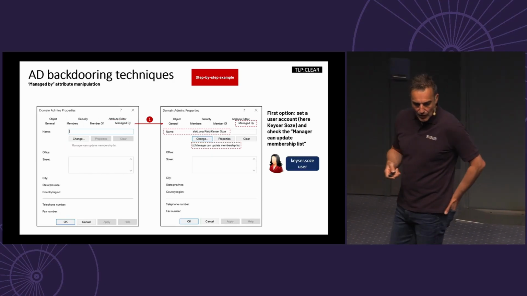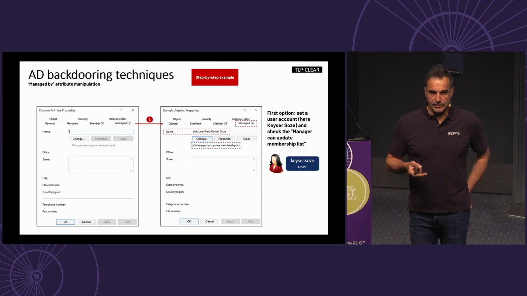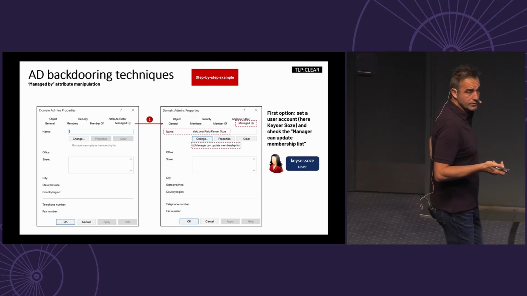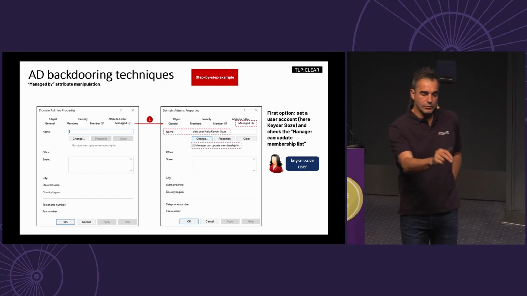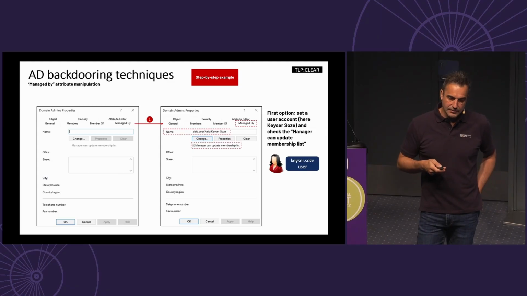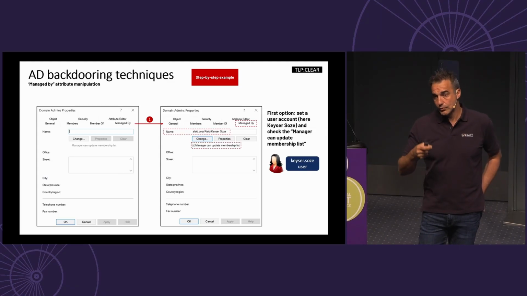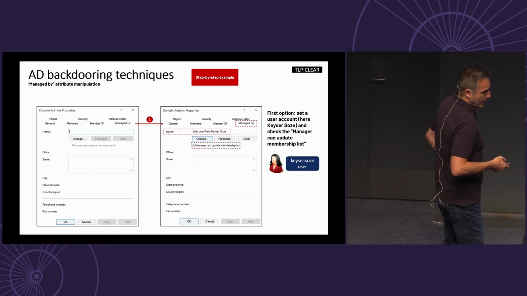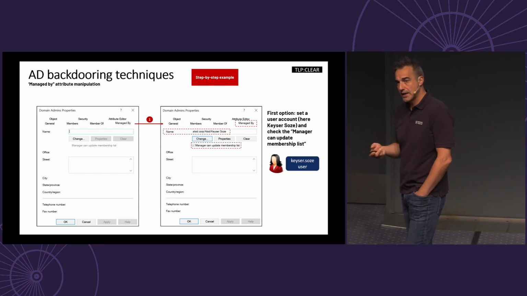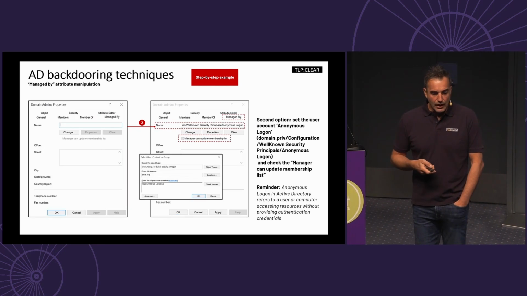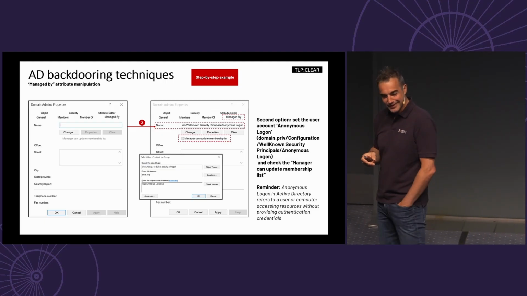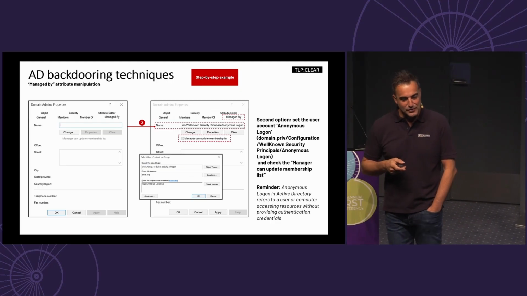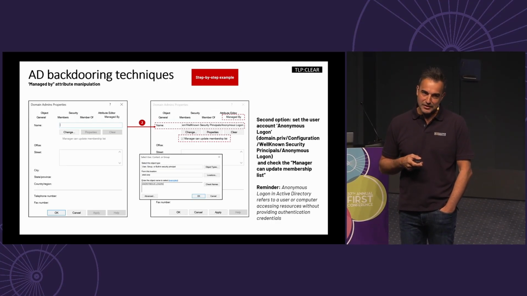So you have two options there if you want to use this Managed by to create a backdoor. First, you can just put a user again. So what you will do, you will put a user account, set it as the Managed by attribute, and for sure you will check that this guy is able to manage membership. You are able as well to put some special accounts, and perhaps you know about the well-known security principals.